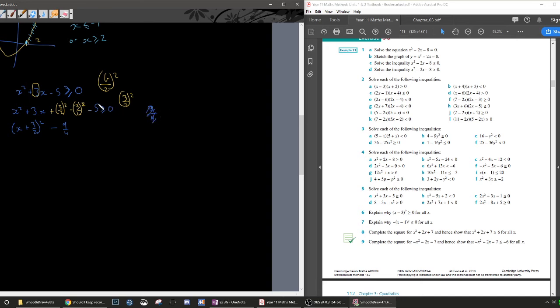And this is where you shouldn't be afraid to scribble. At times like this when I'm recording, it might be terrible in arithmetic, so I'm happy to scribble. So 5 is the same as 20 on 4, greater than or equal to 0. We get x plus 3 on 2 all squared minus 29 on 4 greater than or equal to 0.